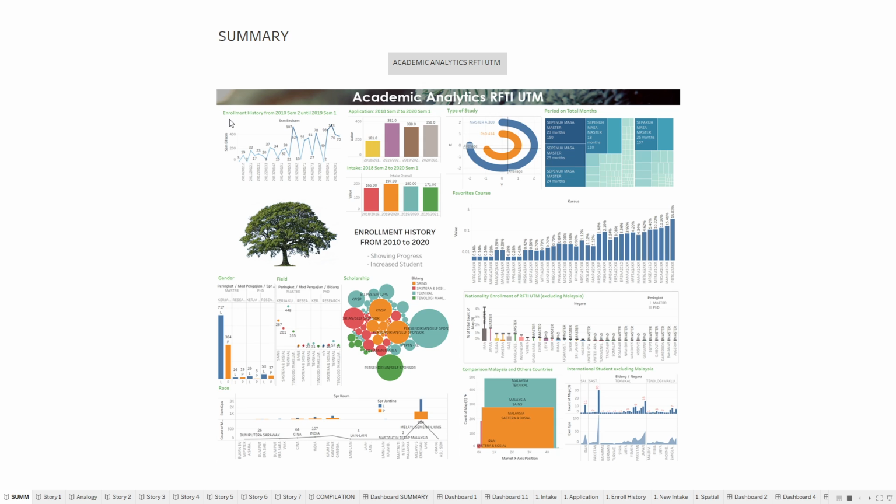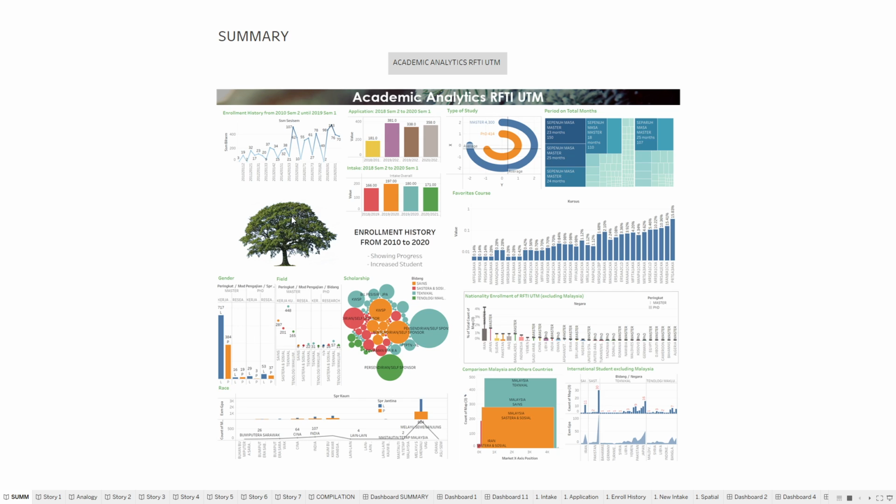The academic analytics for the RFTI UTM starts with the behavior of the enrollment for the intakes, how the intake situation was from 2010 to 2020. It begins with the analogy of the tree.